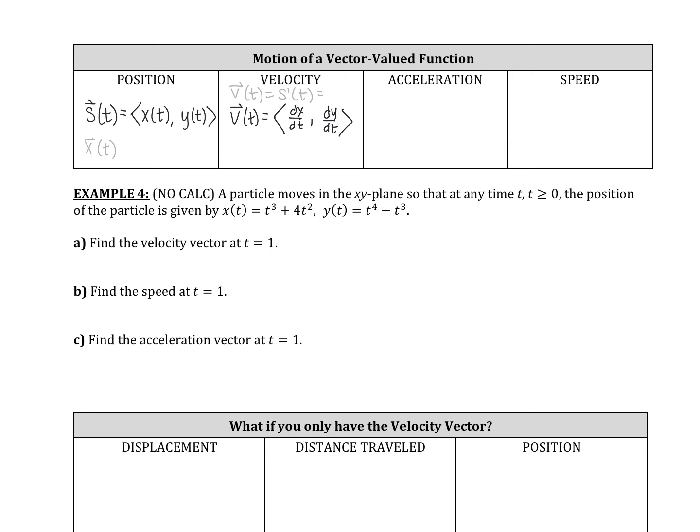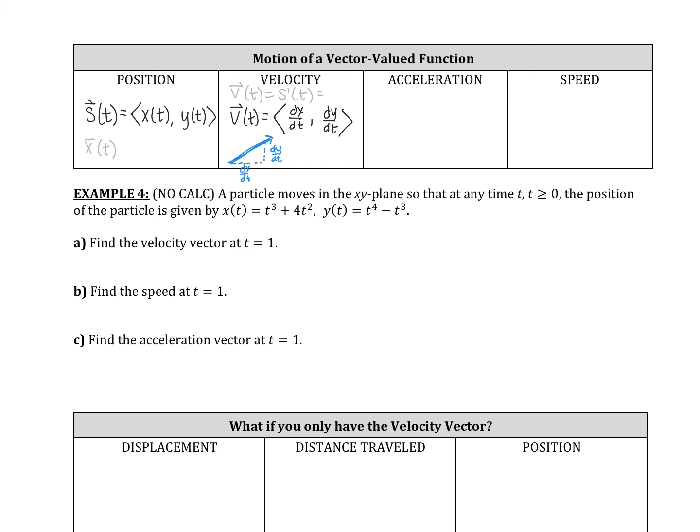Now, why is that? Well, we know that velocity has direction because it is a vector that is made up of the dx dt, the change in x with respect to time, and the change in y with respect to time. And it's this vector that points right there. So the velocity vector has direction.